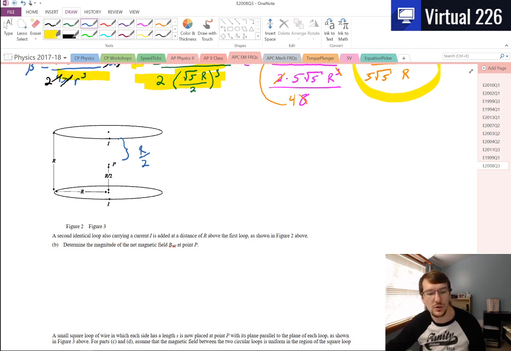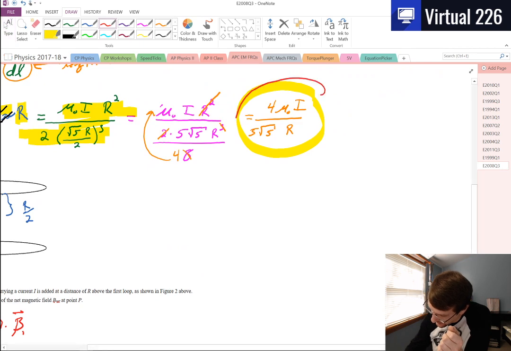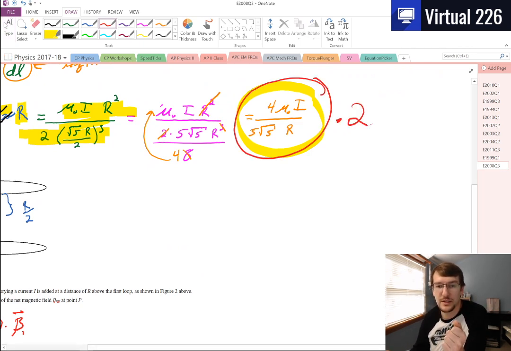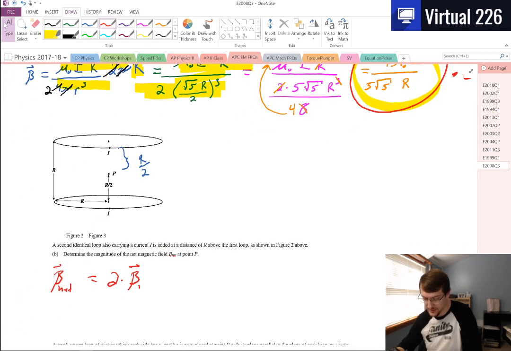Okay, so what we can do here is, we know that our new B net is just going to be 2 times the B1 that we had previously. So our B1 we had was right here. We're just going to take this and multiply it by 2, because we're going to get that same field generated by the top loop and the bottom loop, acting in the same direction there.